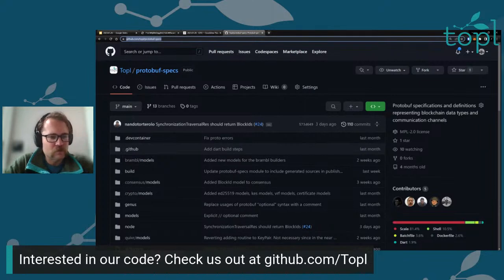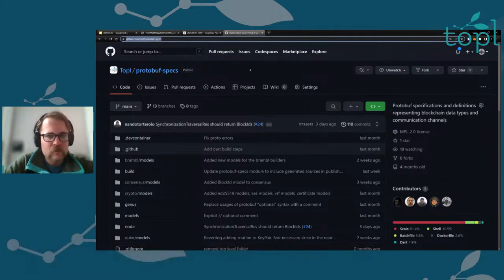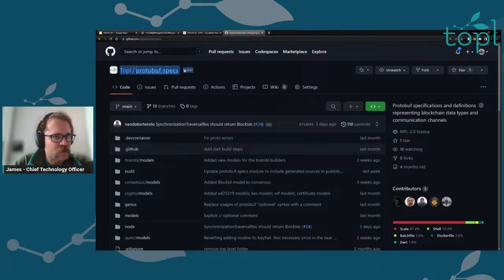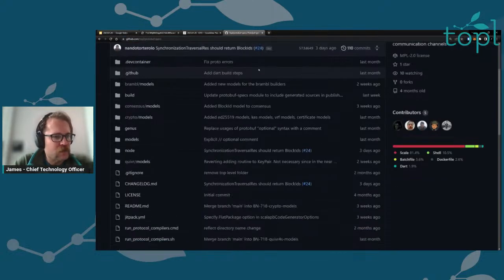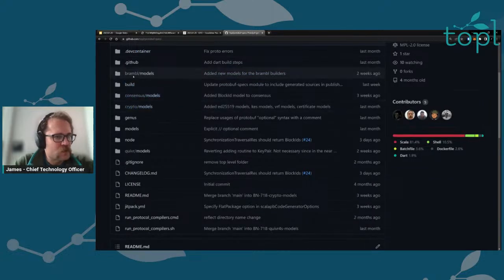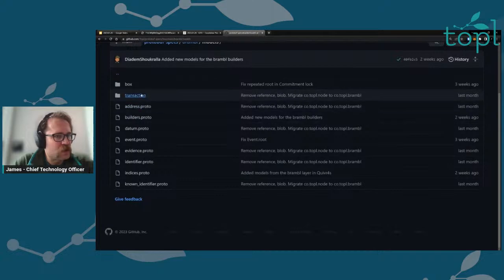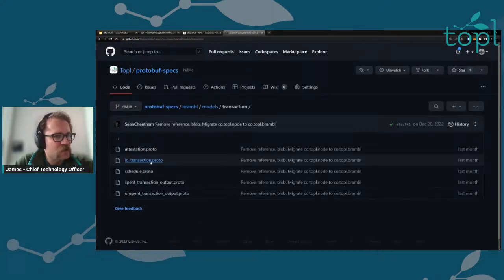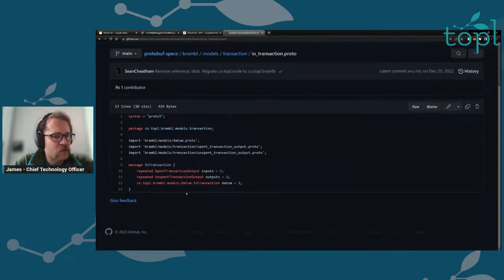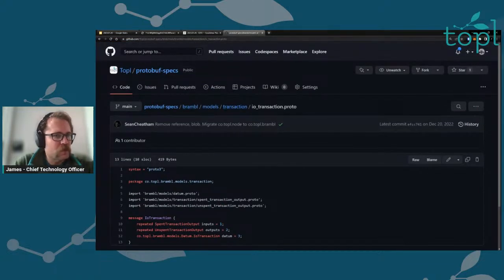This is a bit for the developers out there who might be tuning in. We use protocol buffers to do our model definition. Specifically today, we're going to be exploring under Bramble models and under transaction, and we see this IO transaction. So just a bit of a preview about where we'll be going.